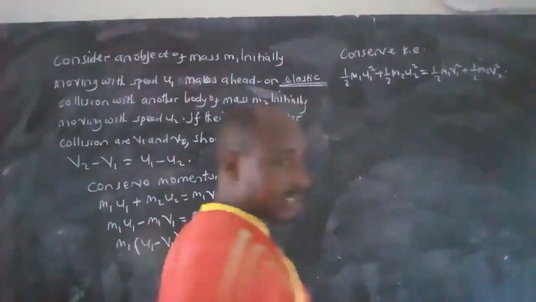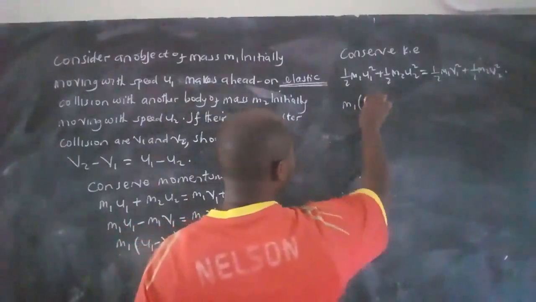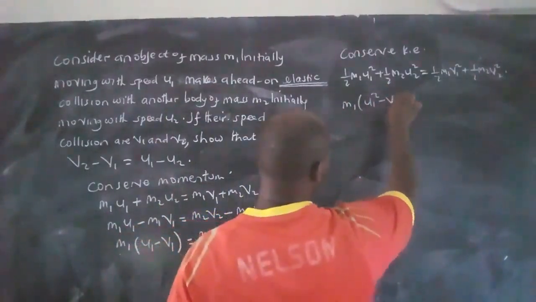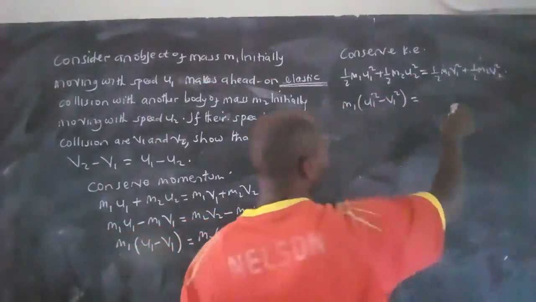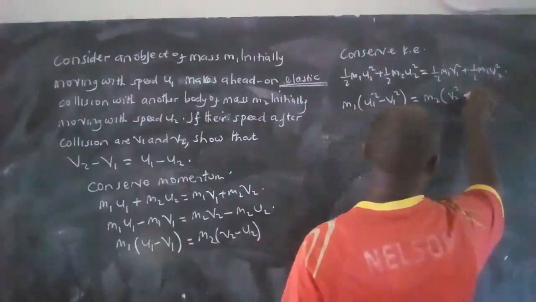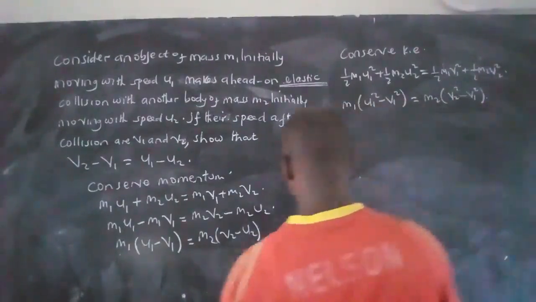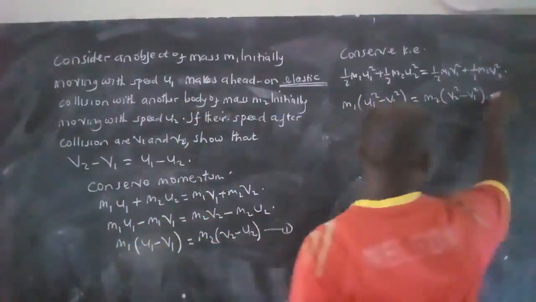So a half is cancelling, and we put also the masses on one side. So m1 into u1 squared minus v1 squared is equal to m2 into v2 squared minus u2 squared. That's equation 2. This is equation 1, this is equation 2.